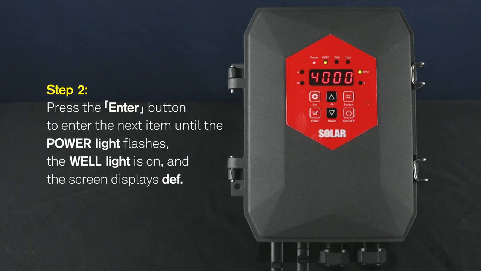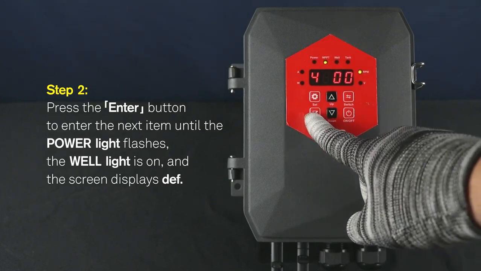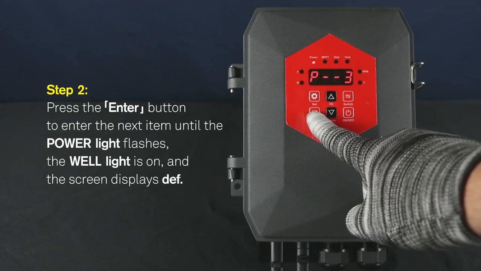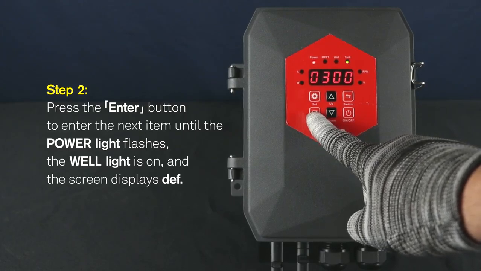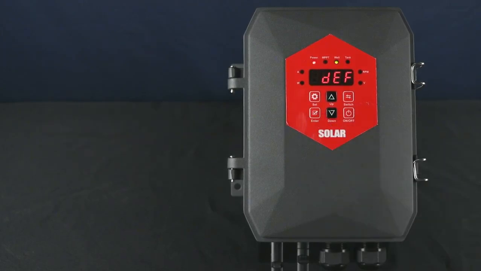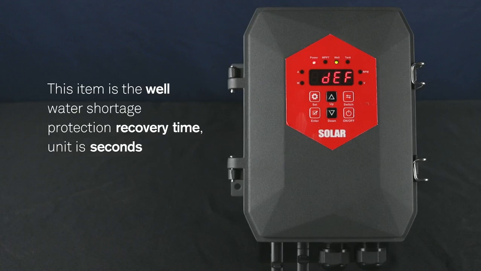Step 2. Press the Enter button to enter the next item until the power light flashes. The well light is on and the screen displays DEF. This item is the Well Water Shortage Protection Recovery Time.